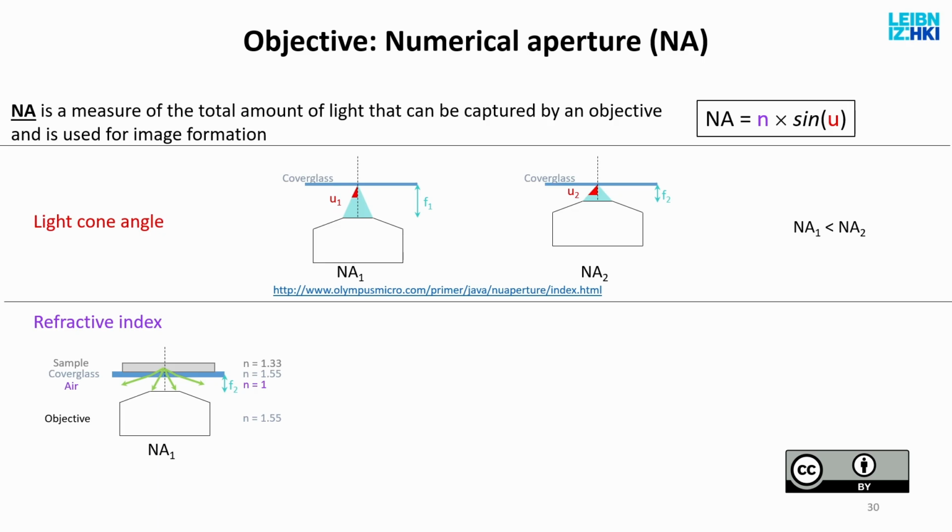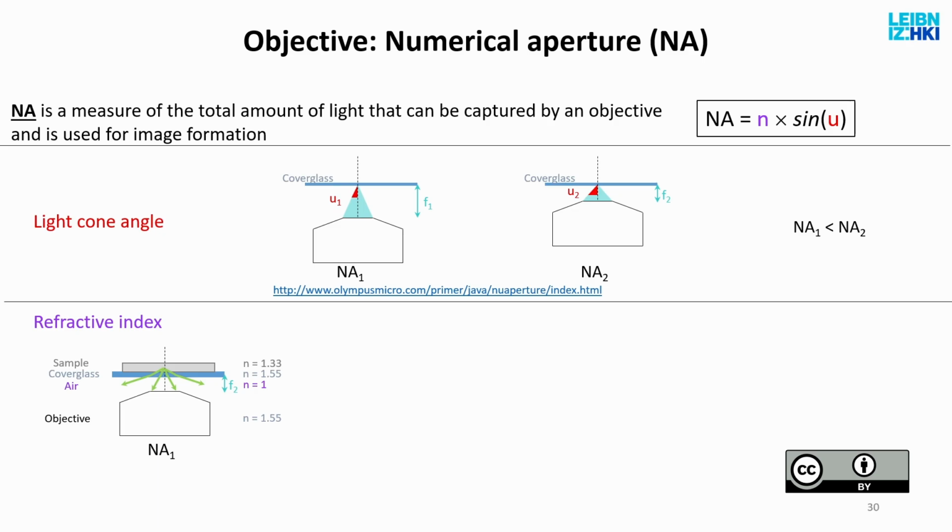Well, what happens is that you know this already, that when you come from the biological sample to the thin glass cover here, and then you let the light come out, it's going from a higher optical density to a lower optical density, higher refractive index to lower refractive index. That means that the refraction is away from the optical axis.